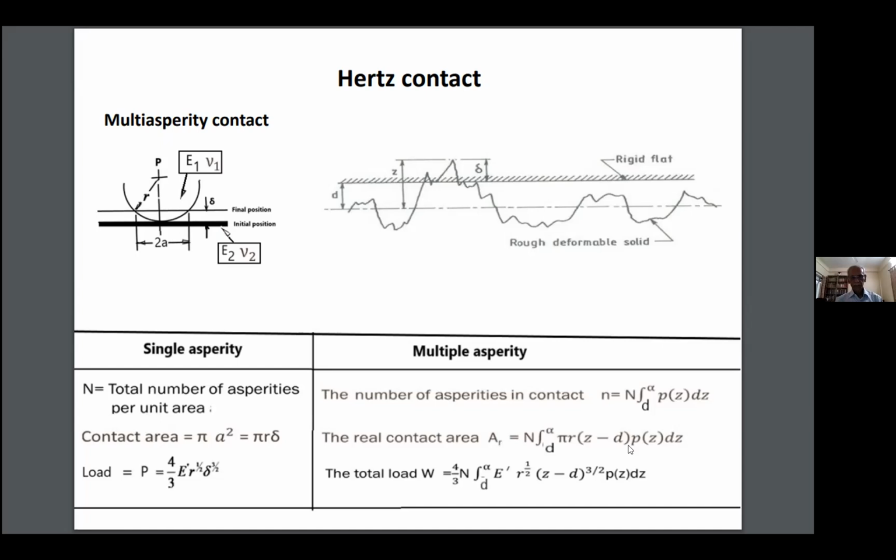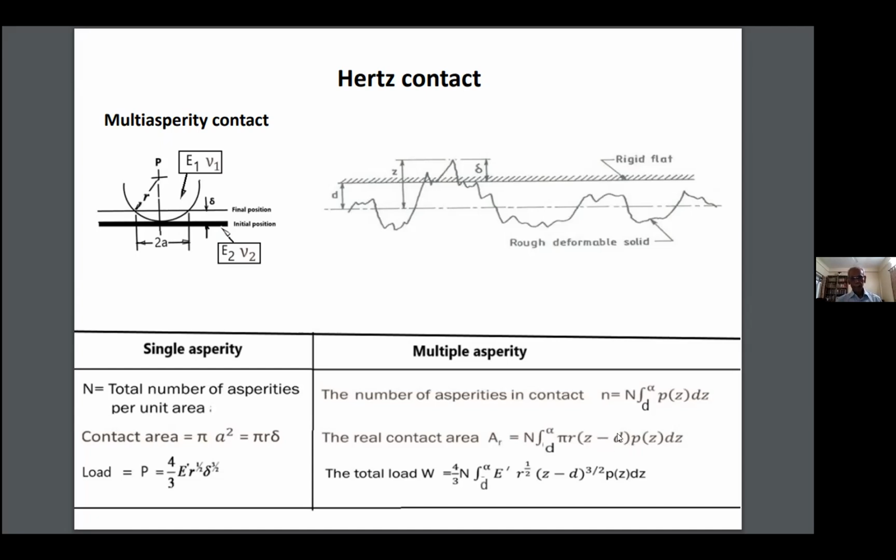One interesting point to note is that if you integrate this from minus infinity to plus infinity, then you get the total number of asperities, as we have seen before. So this will be 1, and hence the number of asperities in contact will be the total number of asperities. And the same thing will happen here.